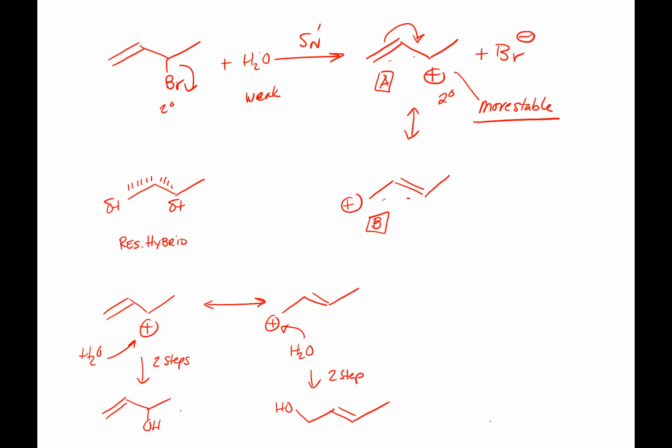So, intermediate A makes product A, intermediate B makes product B. So, when I did this reaction, because the intermediate has two resonance structures, I've made now two different products.